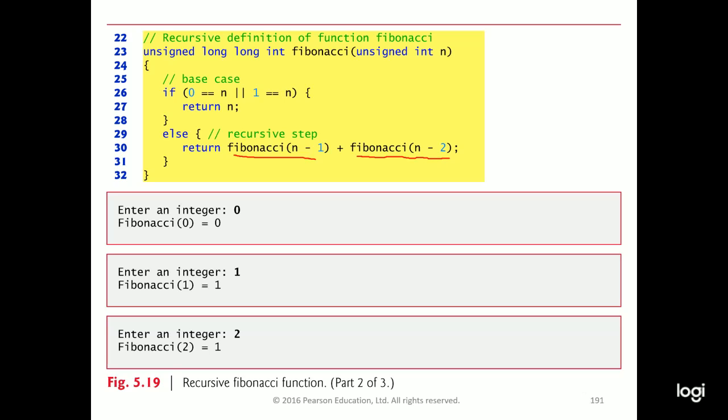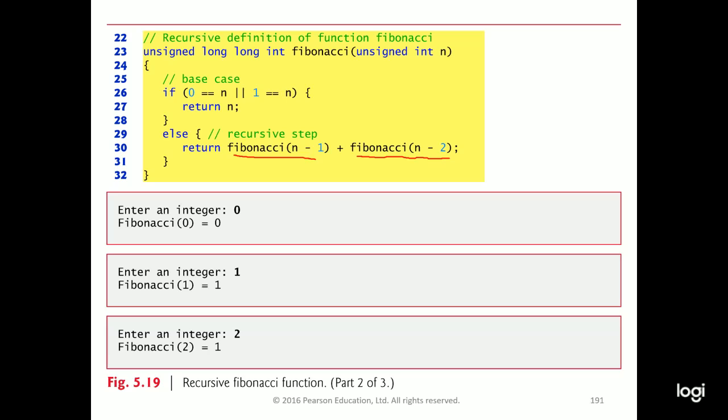So if you get n and n is not 0 or 1, then you're going to go into this recursive step where you call the function again with n minus 1 as the argument, and you're going to issue another call to this function with n minus 2 as the argument, and then you're going to add whatever these return.